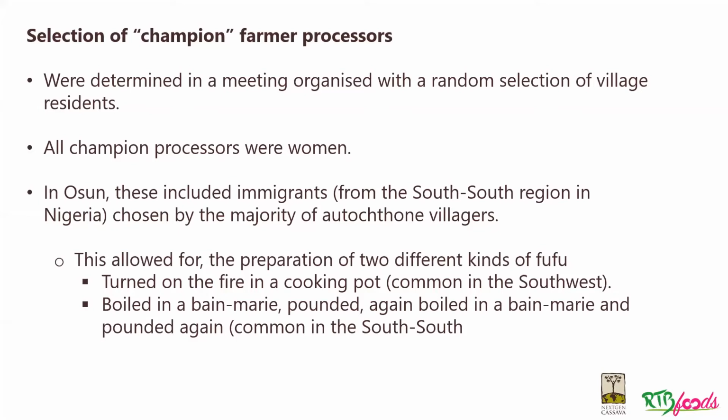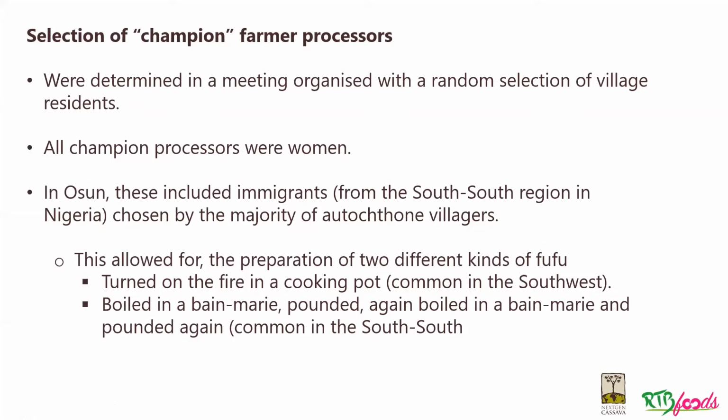So we had the advantage of being able to make fufu products from two different fufu types, one turned on fire and one boiled and then in bain-marie and then pounded and again boiled. And it has to be highlighted that these processors, the immigrants, were chosen by the autochthon villagers as champion processors.